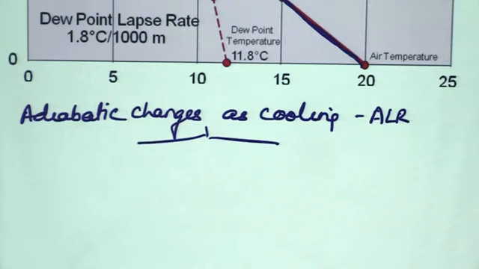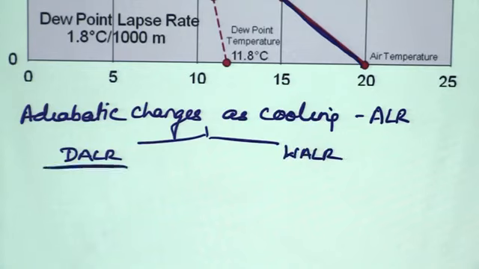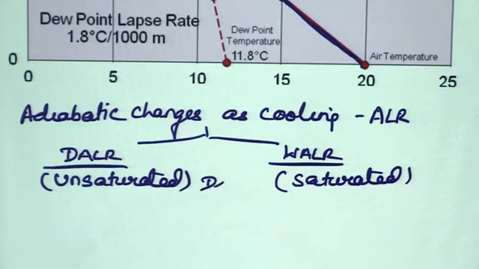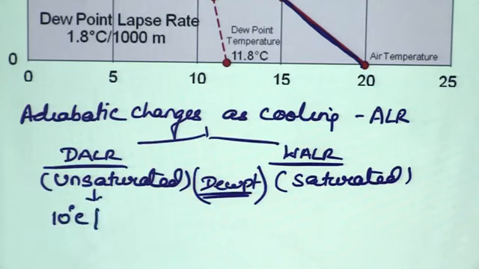Adiabatic lapse rate has two types: dry adiabatic lapse rate and wet adiabatic lapse rate. Dry adiabatic lapse rate is experienced by an unsaturated air column, and wet adiabatic by a saturated air column. Another way of referring to it is dew point temperature, which we have seen with the diagram. Dry adiabatic lapse rate is steeper. Wet adiabatic lapse rate is comparatively gentler.